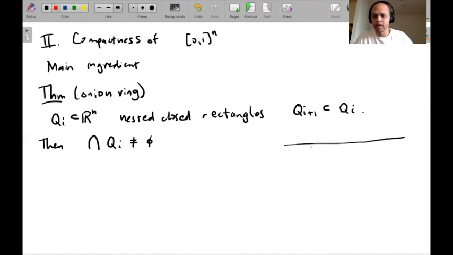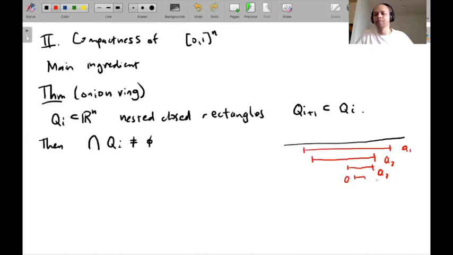Here closed rectangles are just closed intervals. So you have like Q1, and then inside that you choose some other closed interval Q2, and then some Q3, and so on.